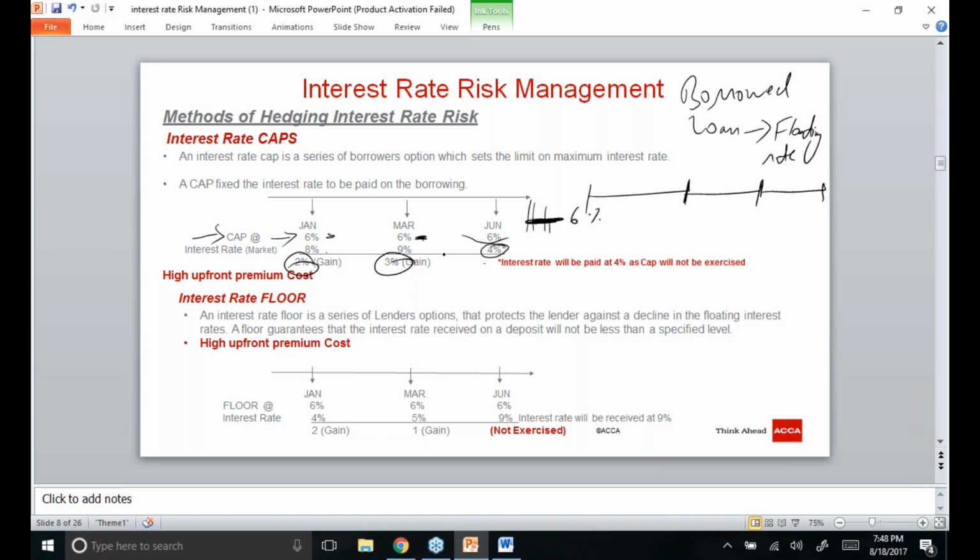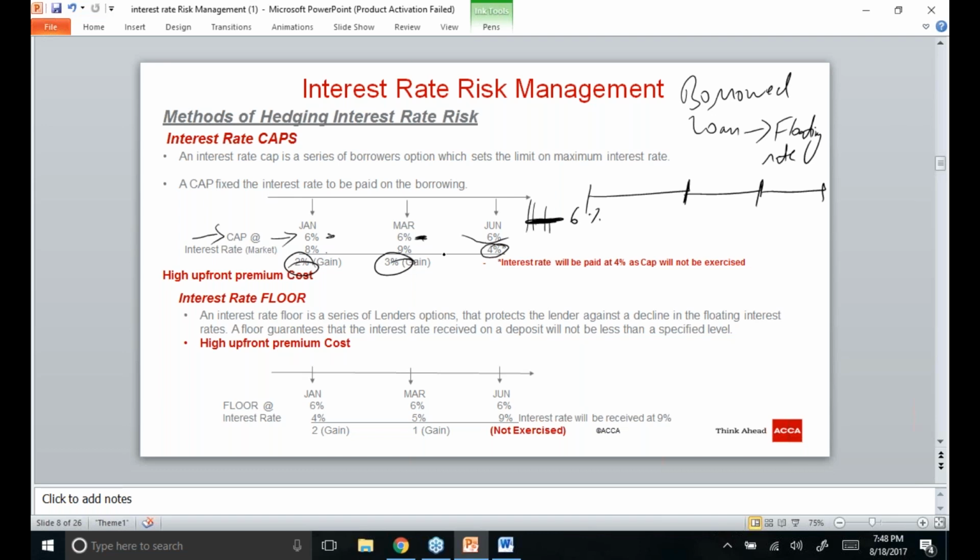So a cap contract is a series of borrower's options. In a cap contract, the maximum you will pay is the cap rate, and whenever interest rates are down from this level, you will pay the lower market rate. Floor is exactly the opposite concept.